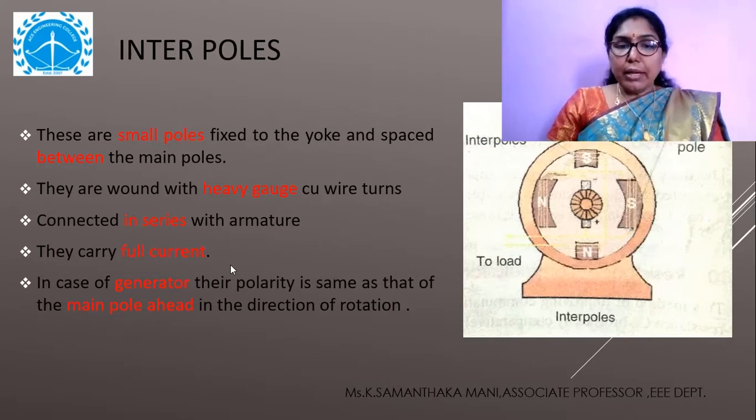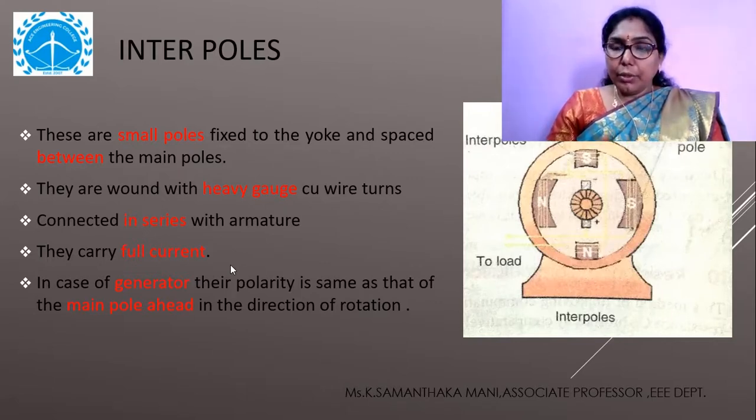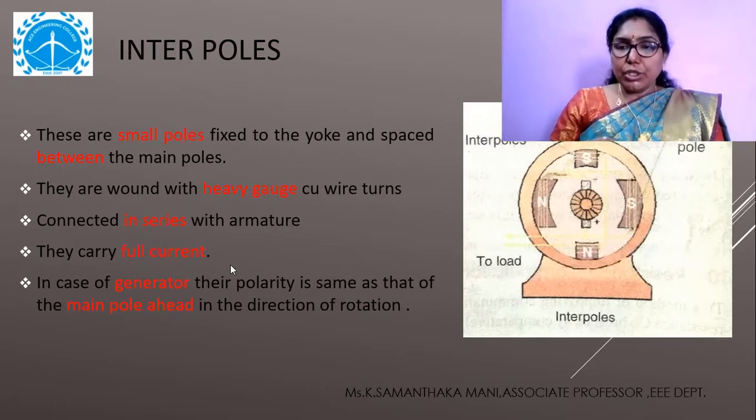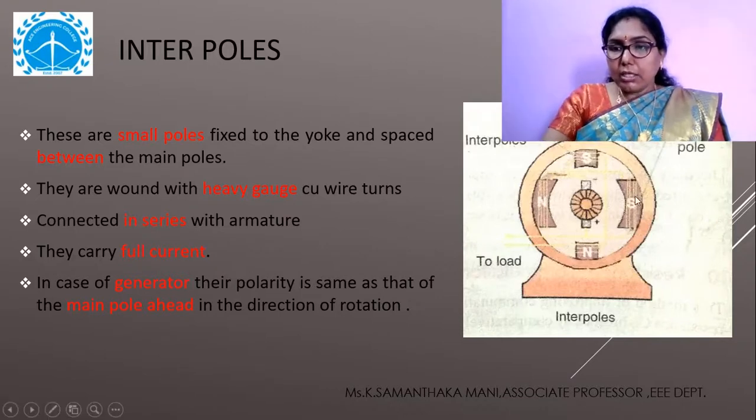Coming to the next point, with what polarity are these interpoles placed on the yoke? In the case of a generator, the polarity of the interpole will be such that it is the same as the main pole ahead in the direction of rotation. Suppose the armature rotates in the clockwise direction; in this diagram you observe the south pole is ahead, so the interpole before that one is a south pole.